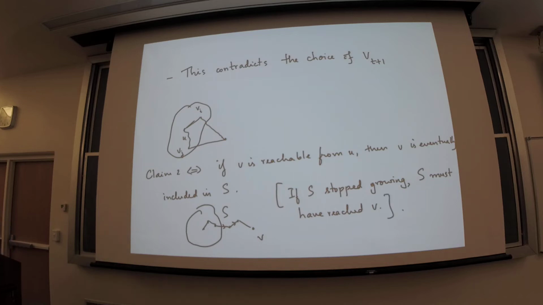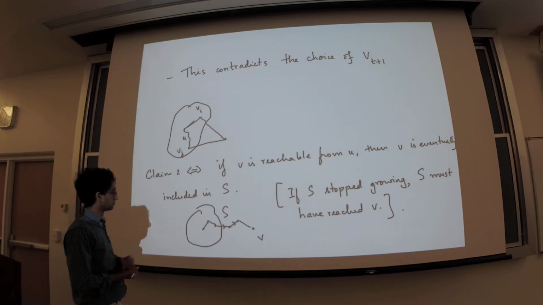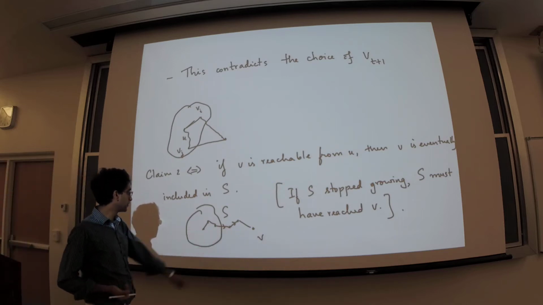And I'm implicitly using the fact that the graph is finite, so you can't keep growing without adding. So there was an edge directly from U to V in that particular example you just gave. It would continue to grow until it explored all of those edges. Yes, so it would.